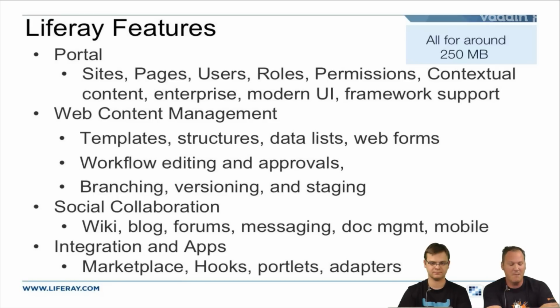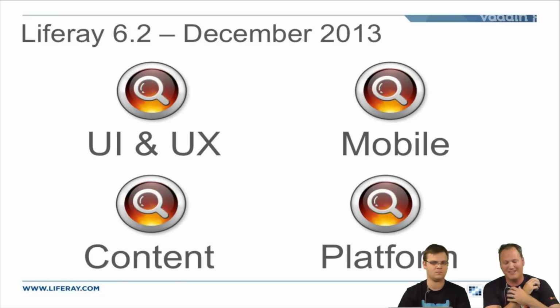We also have web content management for creating pages, social collab features like wikis and blogs, and then of course the integration bits with your enterprise software. So you get all of that in one big box for around 250 megabytes. And then as you add stuff on, it can grow, of course. If you don't get what you need out of the box, you can go to our marketplace to get what you need. So Liferay 6.2 is the latest version, which we'll be demoing today.